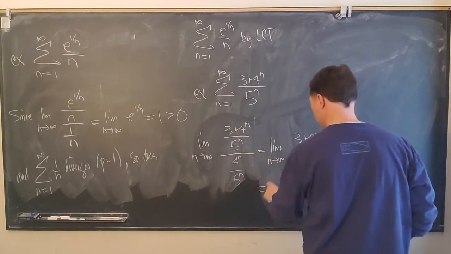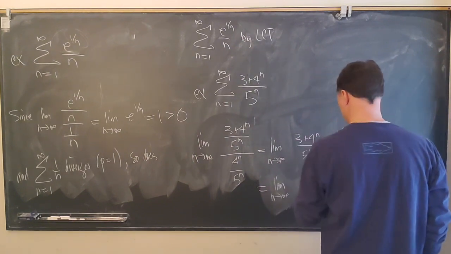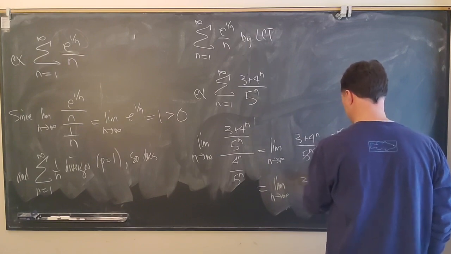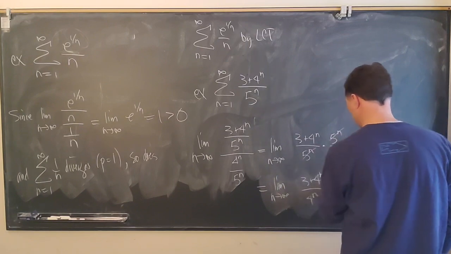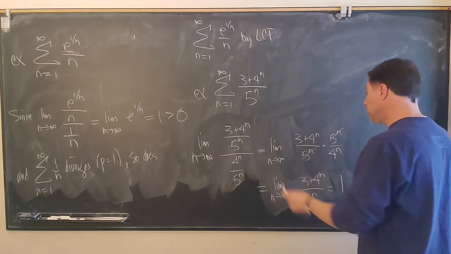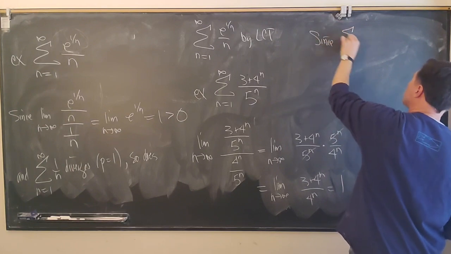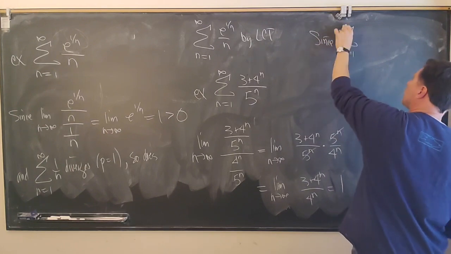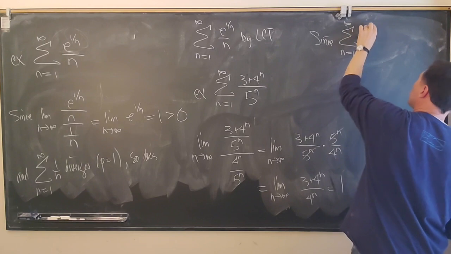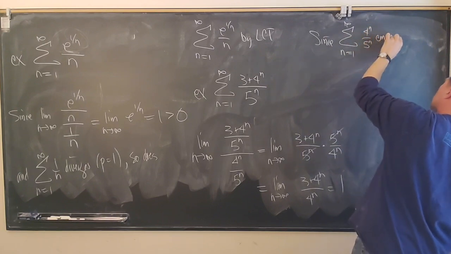So this limit is going to be the limit as n goes to infinity of 3 plus 4 to the n over 4 to the n, right? That limit's definitely equal to 1, right? So since the sum n equals 1 to infinity of 4 to the n over 5 to the n converges. Now, how do I know this?